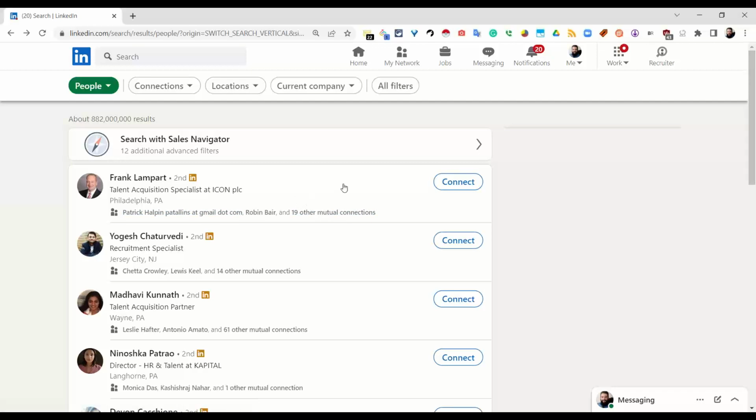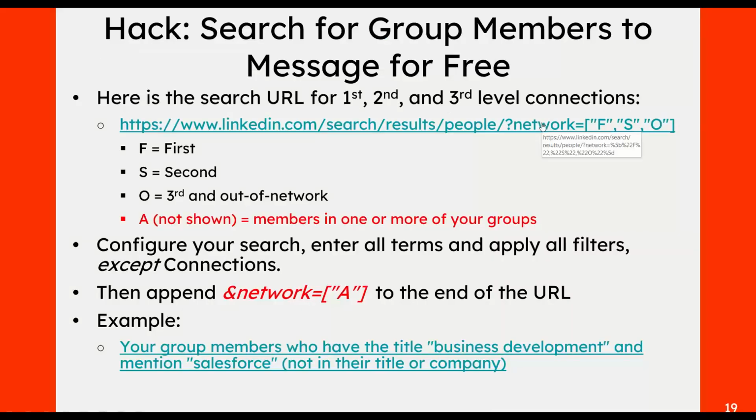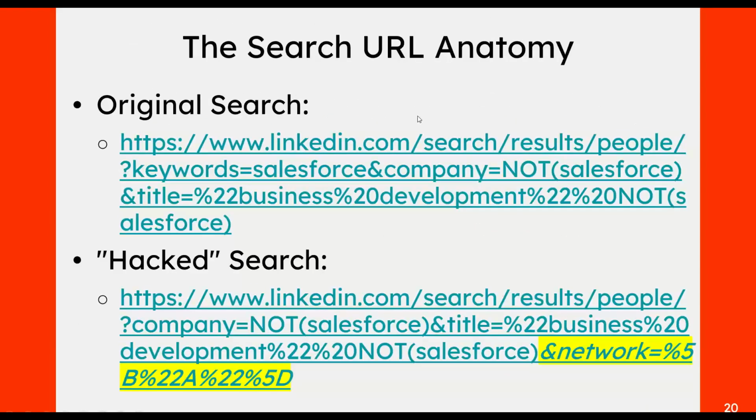And the downside to that is there's no way to tell who on LinkedIn is a member of your group, except this hack works, right? You can take this method that we're describing here, and we have some detailed technical explanation here for those who are interested, but the simple way to think about it is more like this. Go and set your search up. Input all the things you want in your search because you won't be able to change the search once you do the hack.